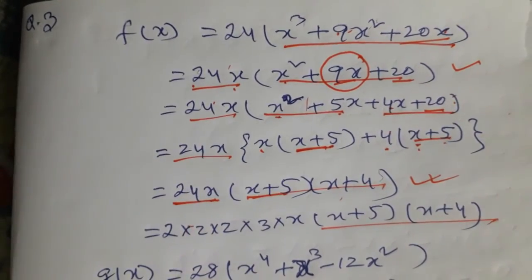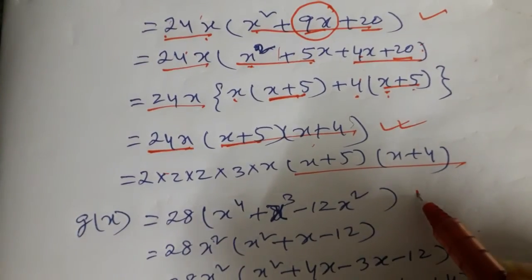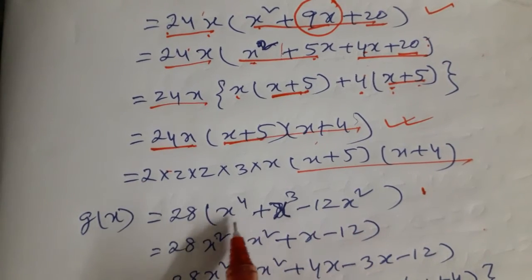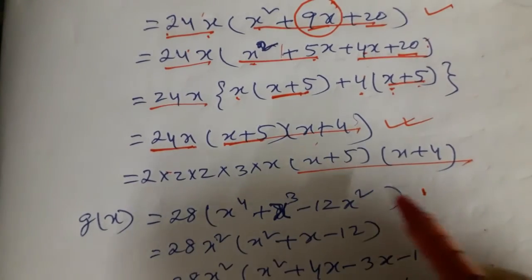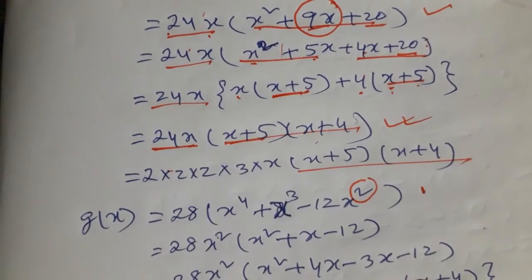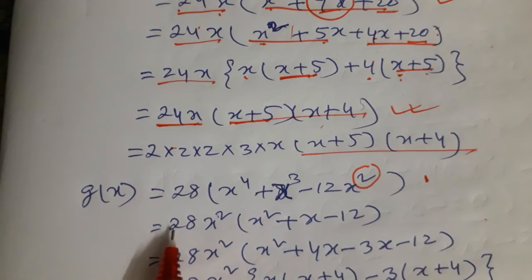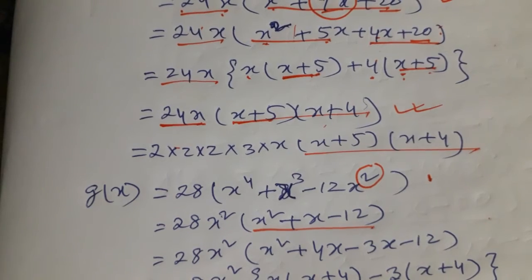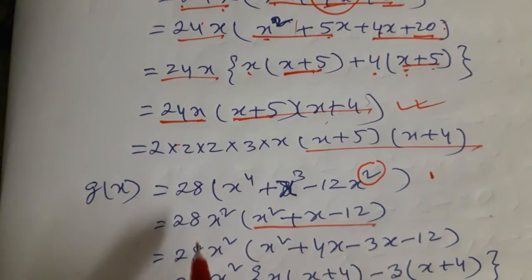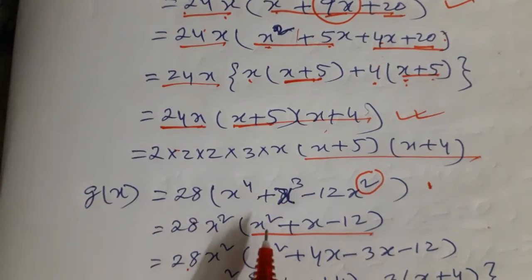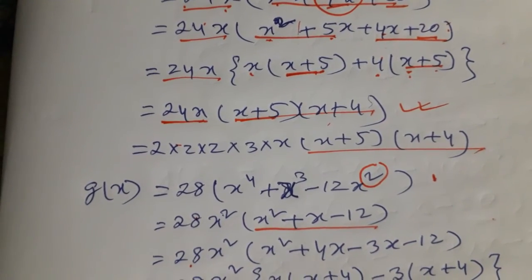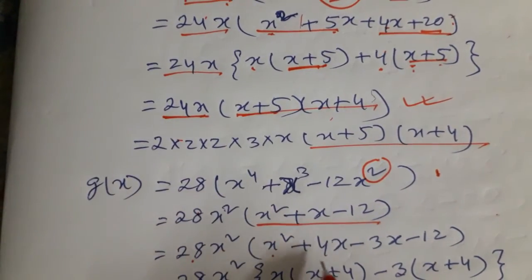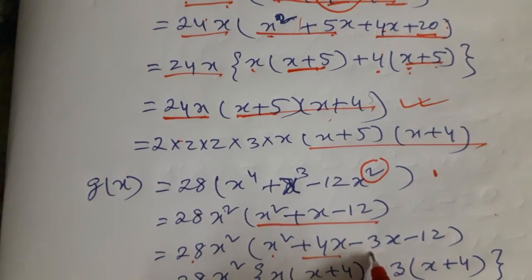The second polynomial is g(x) equal to this one. Here also you see x is the common variable having lowest power 2, so you can take common x square from all, and the remainder is x square plus x minus 12. Now this one you write as it is, and this one we have to factorize by the process of middle splitting. 12 means 4 into 3, so you write here 4x minus 3x.